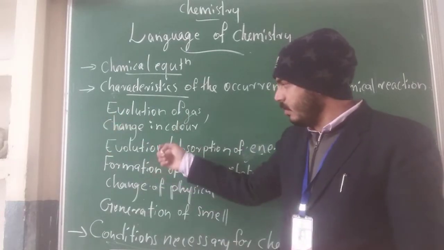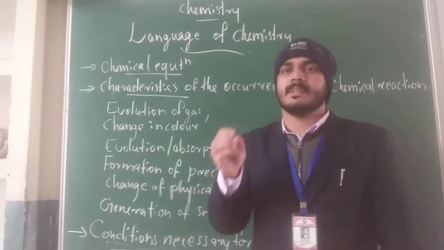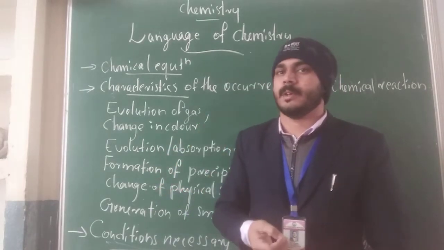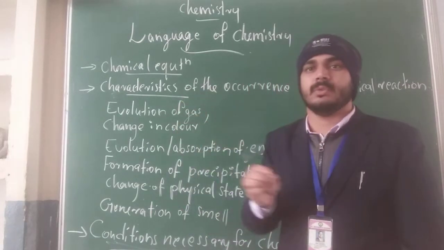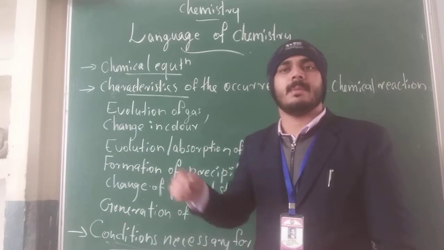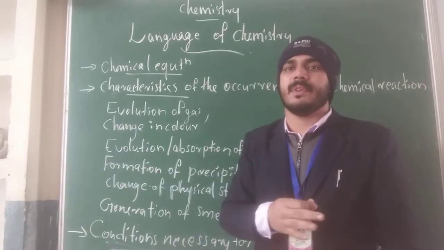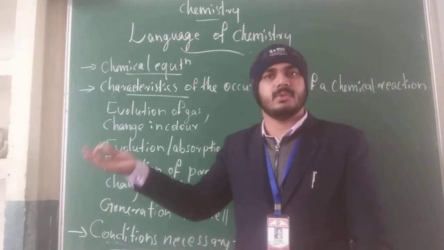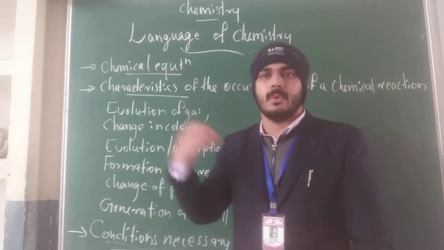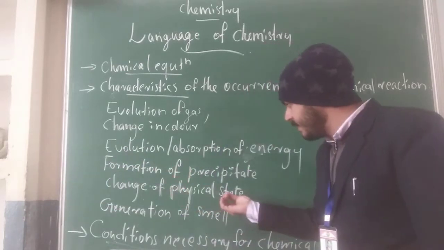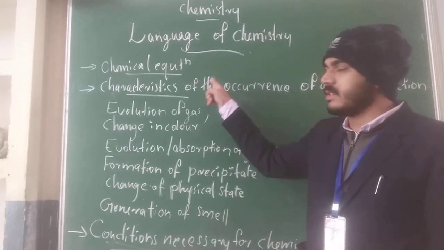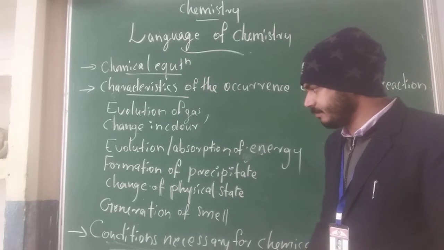For example, the reactants may be liquid or gas, and after the reaction the product is entirely different from the reactants, changing into the solid state. So the change of physical state is one of the important characteristics of chemical reactions.